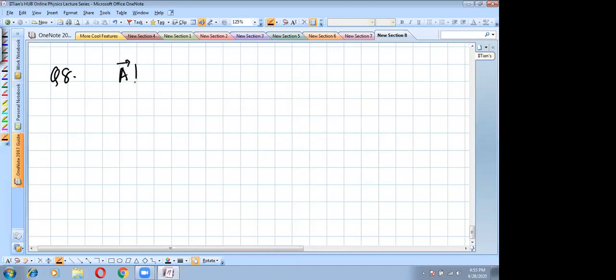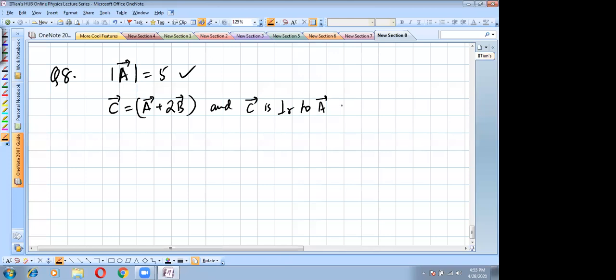So mod A is given to us as 5. That is one information given. Okay. Then it is given to us that C is equal to A plus twice of B. Okay. And C is perpendicular to A. So this additional information is given to us.